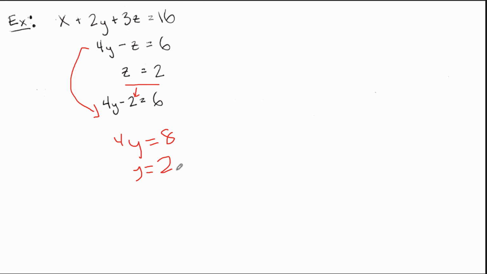Then I can use y equals 2 and z equals 2 up here, and so I get x plus 4 plus 6 equals 16, and I should get x equals 6. So my solution vector would be (6, 2, 2).